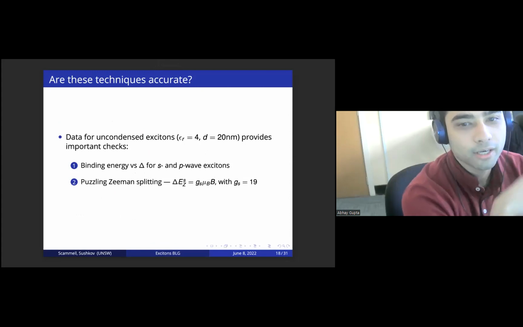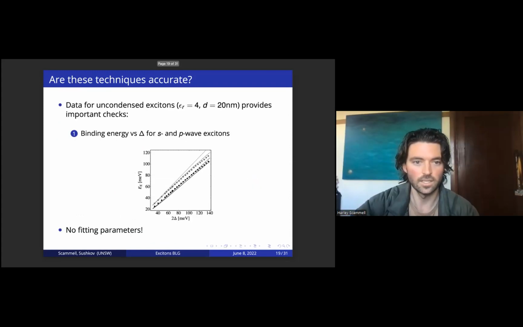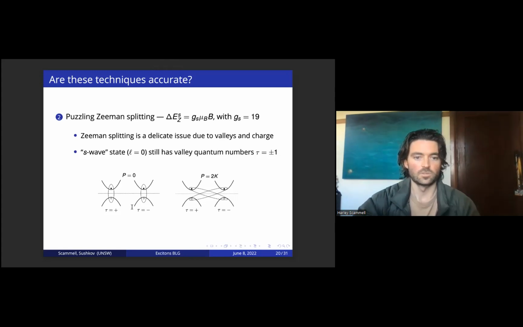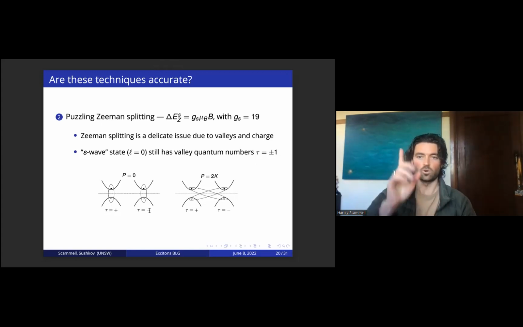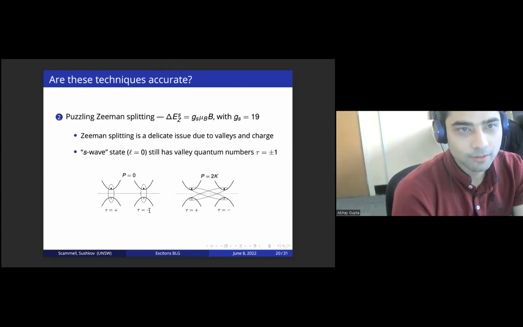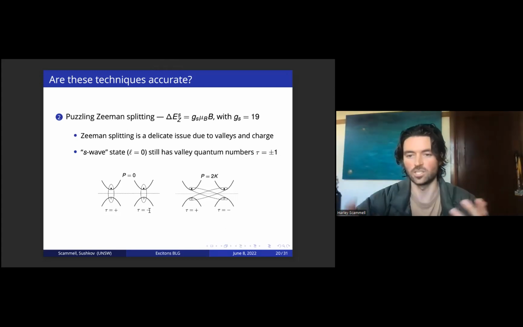Yeah. Because here, this g factor is basically this S wave. For S wave is what we condense. It is the difference between this valley S waves forming in valley plus versus valley minus. And you're able to access the orbital dynamics of this valley when you have a perpendicular to plane field. If you just put it in plane, then you can only access the Zeeman splitting due to spin. And so there's a g factor of about 2.